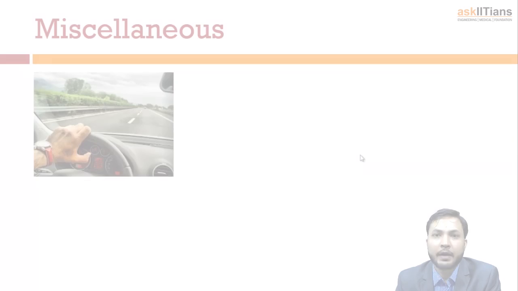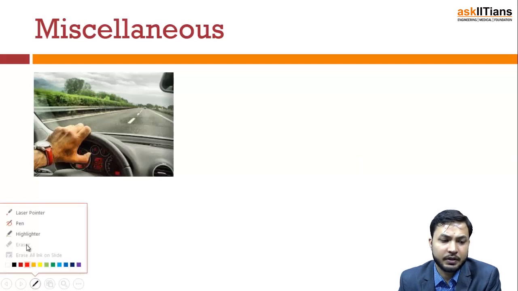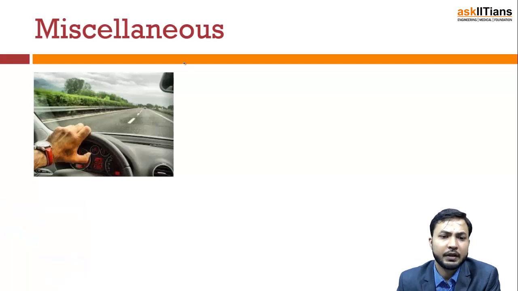Now in this part we'll be studying miscellaneous. What miscellaneous actually means would be a little tricky to understand, but it's not that hard. Let's say there are different factors. Simply understanding, let us take this one condition. All of you play different kinds of car games, right?